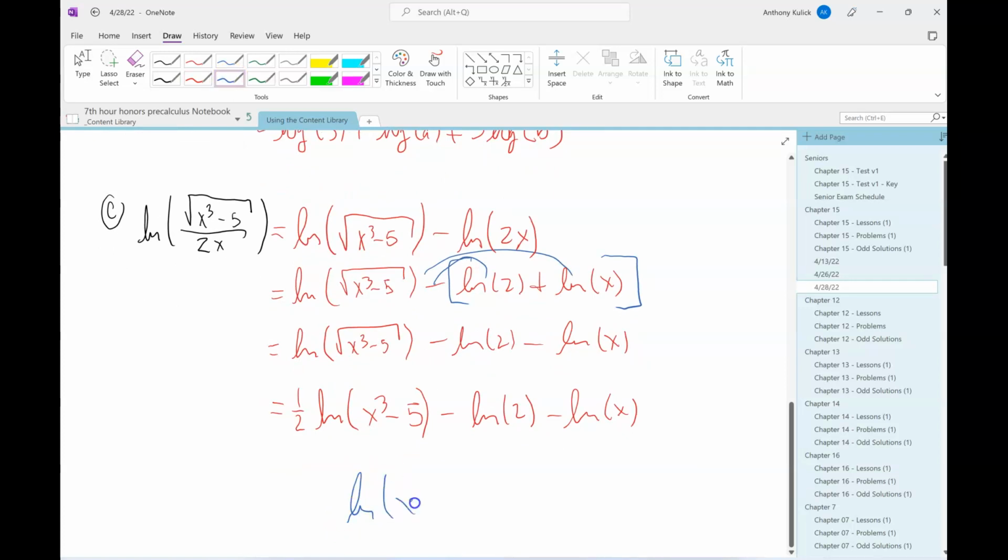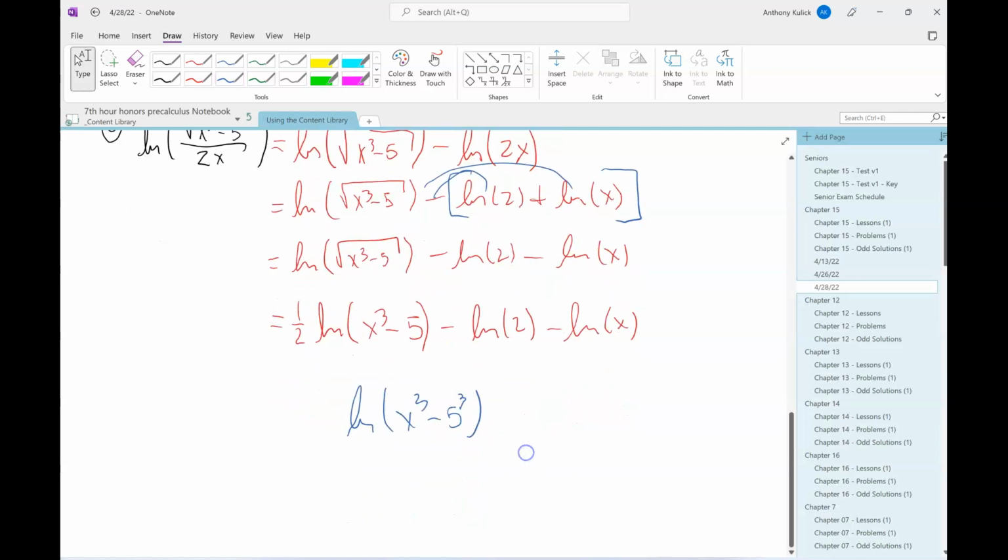As a hypothetical, would I be able to use the power property on that? No. The reason is that that is not the same as that, because we know exponents don't distribute.